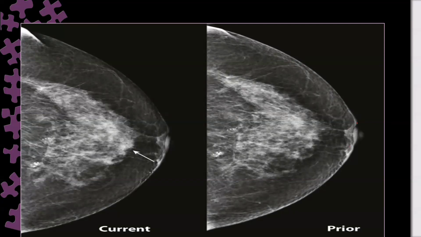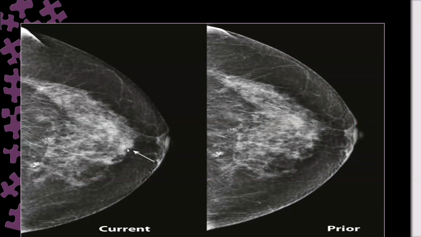The current image, there is an arrow here. Yeah, anterior glandular tissue. There is a small arrow.